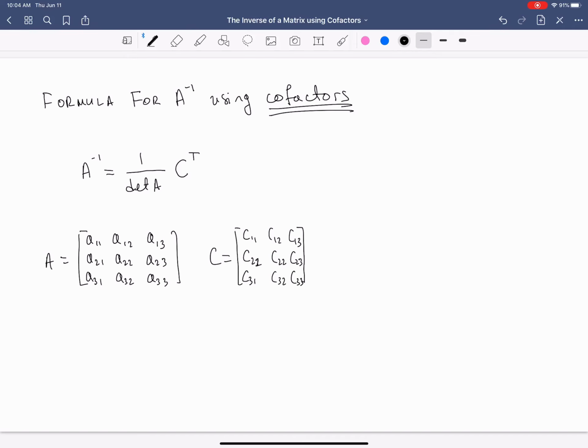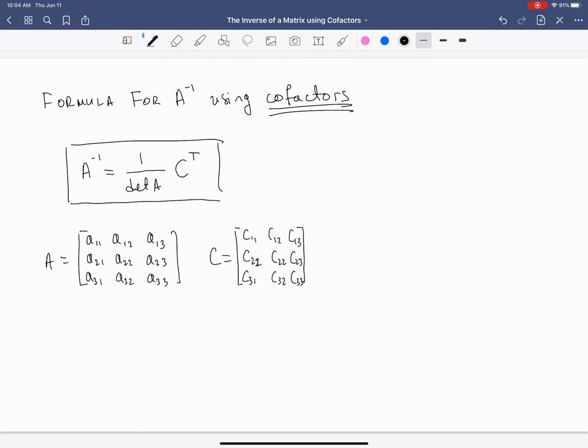Now, how can we check this formula? By the way, I can use this formula to compute exactly one entry of the inverse of A. Let's say I only care about the 2, 3 position.